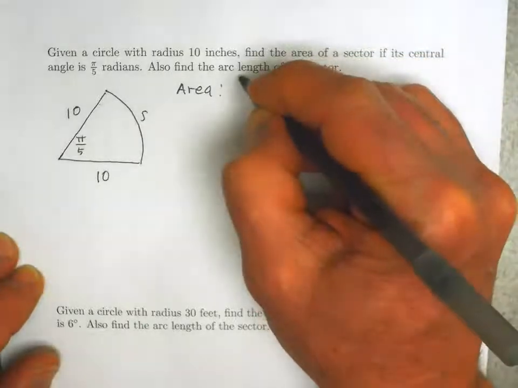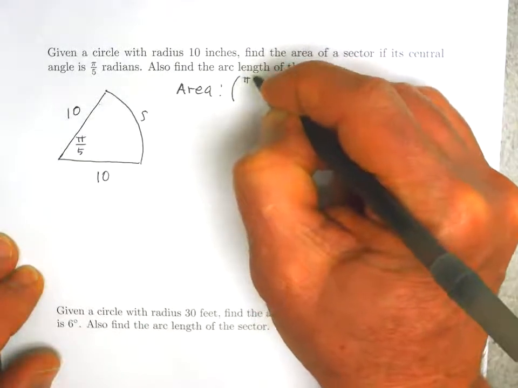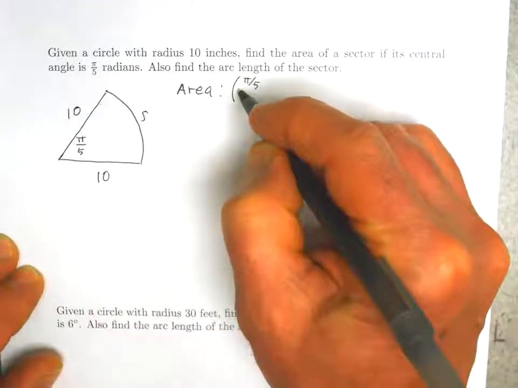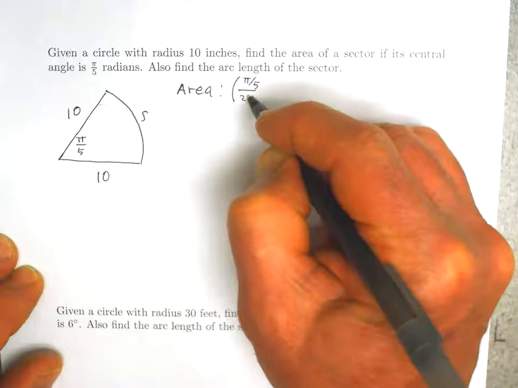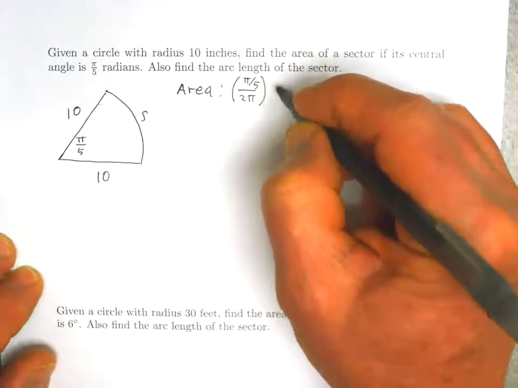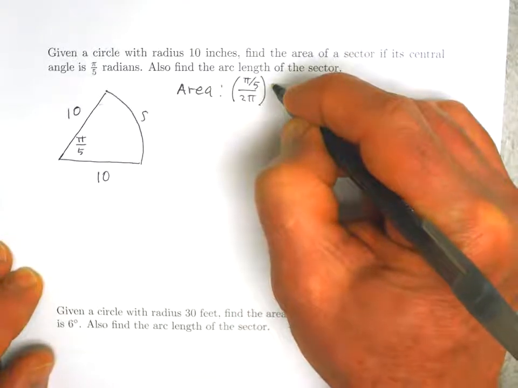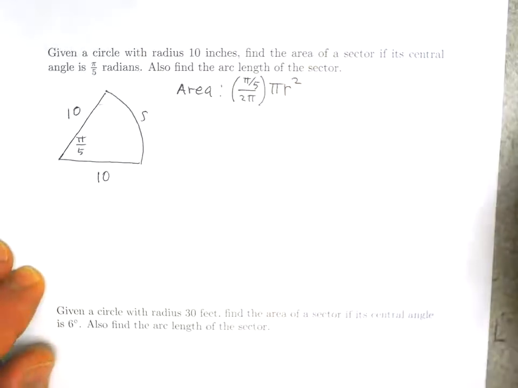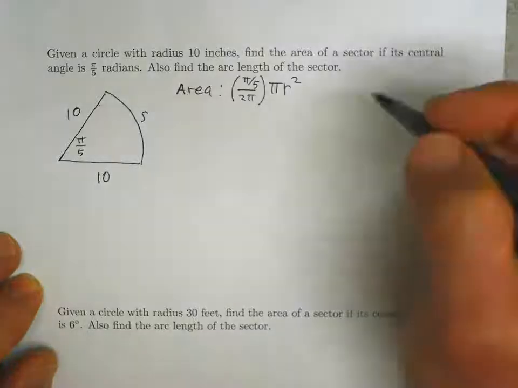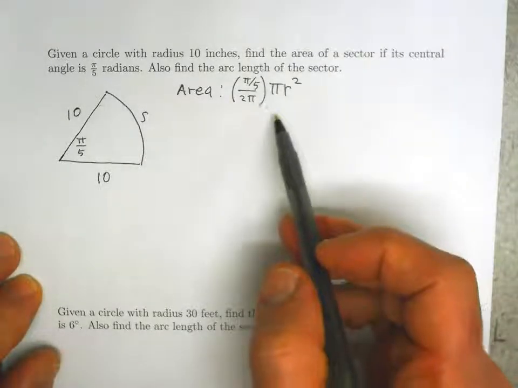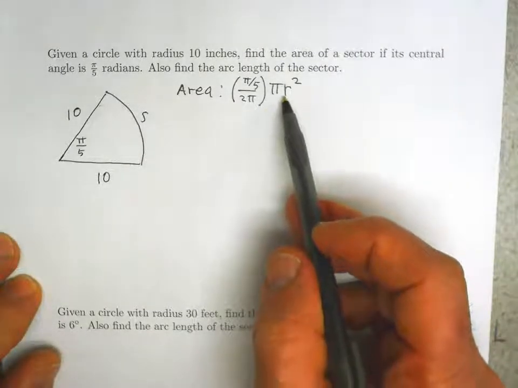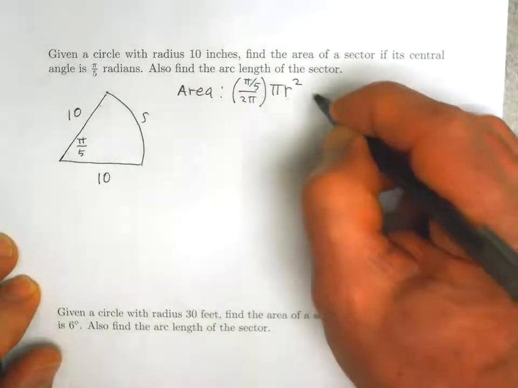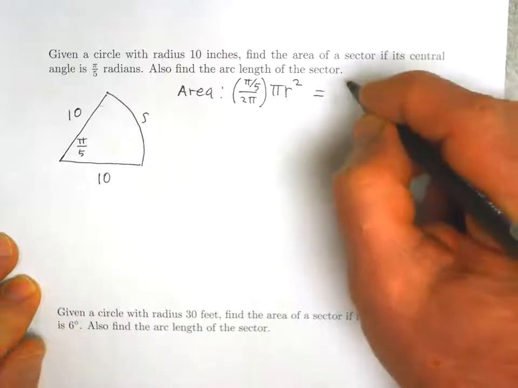So the fraction is the size of this central angle, pi over 5 divided by 2 pi, multiplied by the area of the entire circle, pi r squared. And the radius is 10, so let's simplify this a little bit.